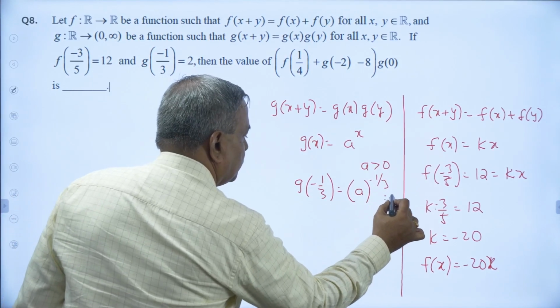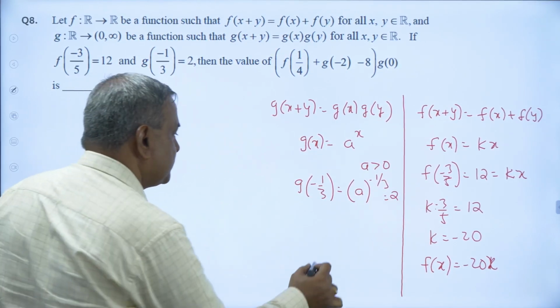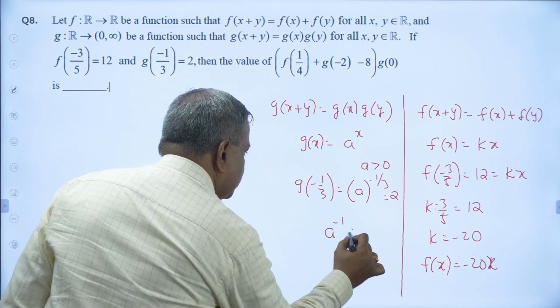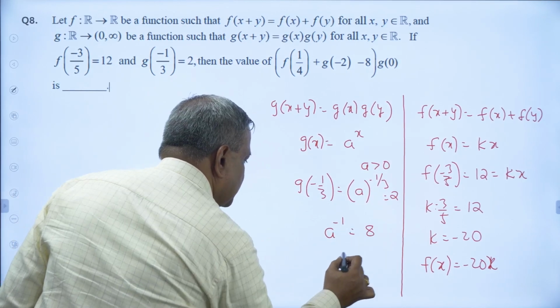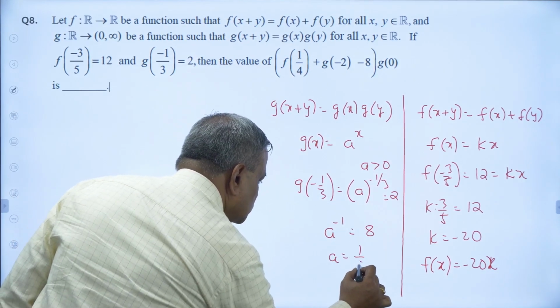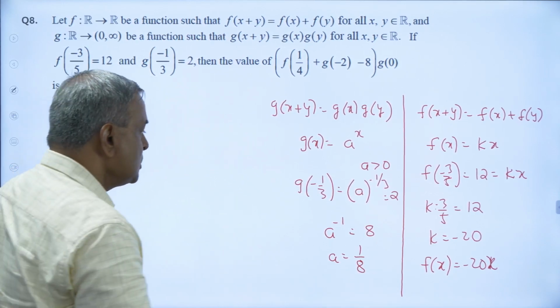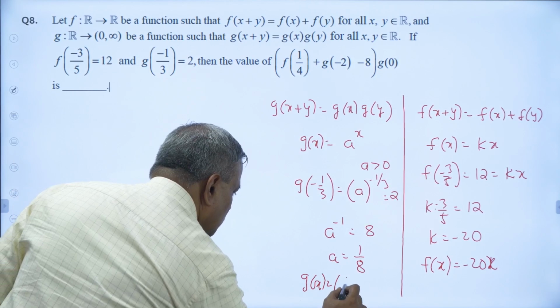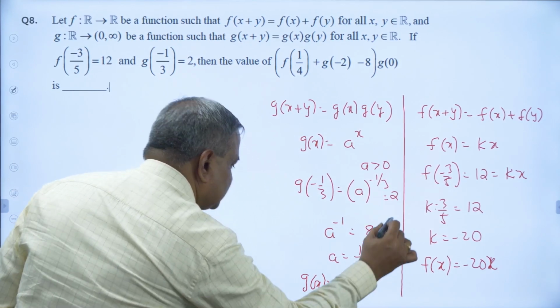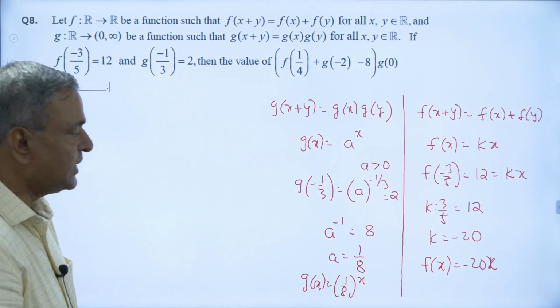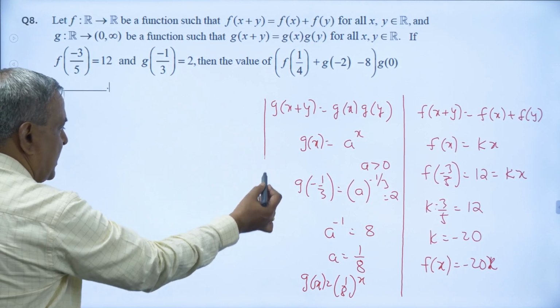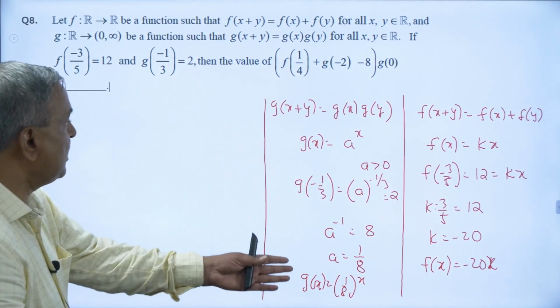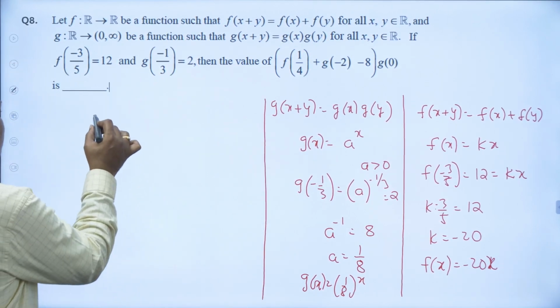Value how much given? 2. Cube both sides. a to the power minus 1 is equal to 8, or a equal to 1 by 8. So g(x) is equal to 1 by 8 to the power x. Done. We are able to identify both the functions. We substitute it. f(1 by 4).